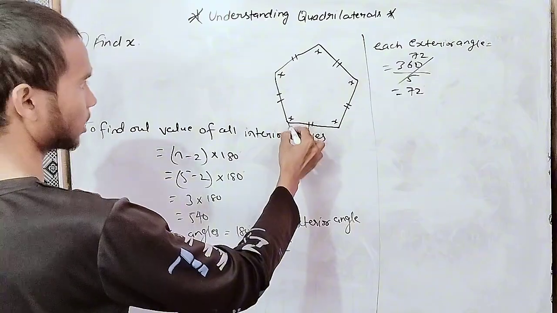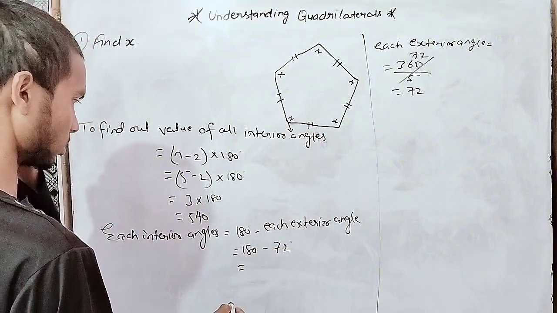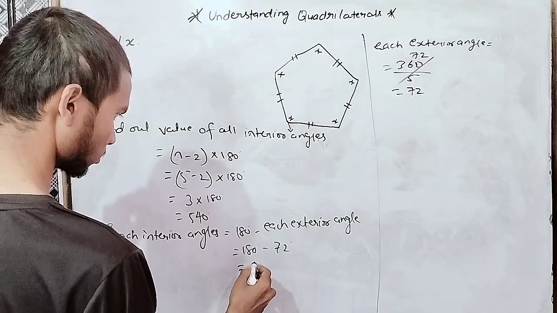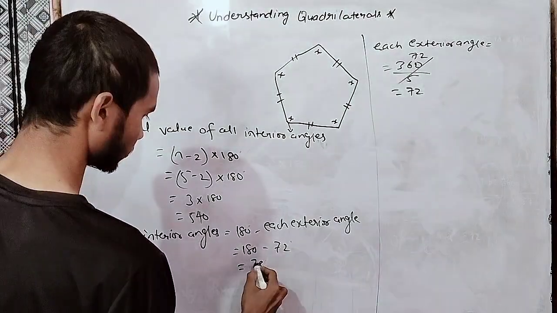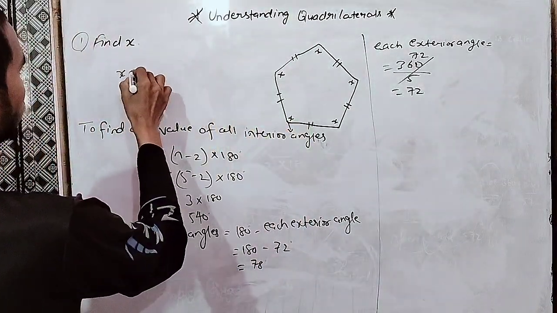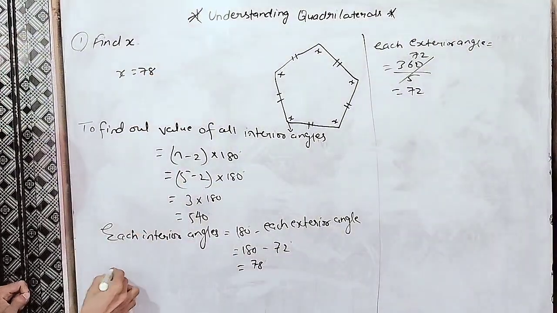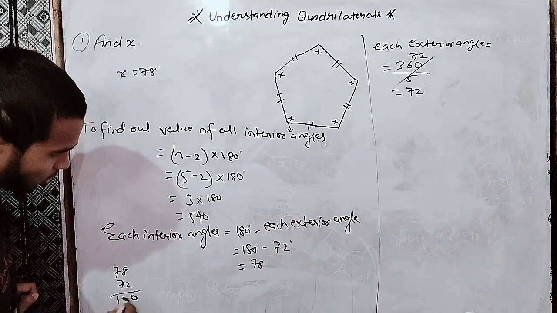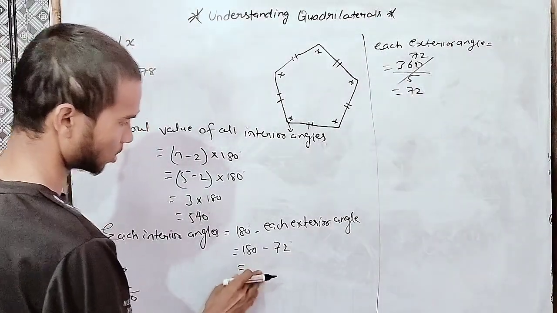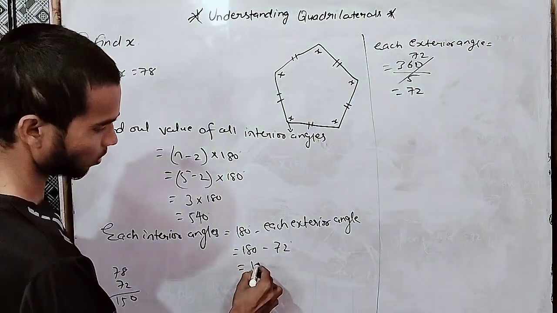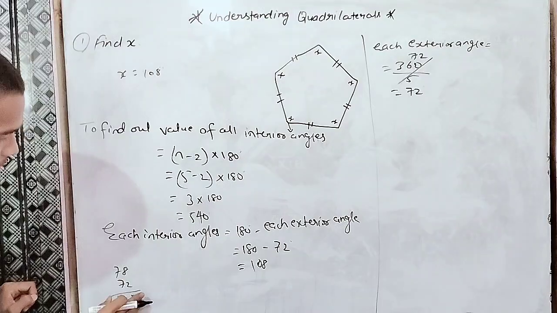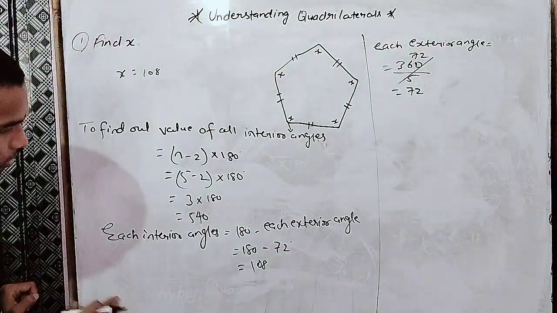Now we can get the value of this: 180 minus 72 is 108.